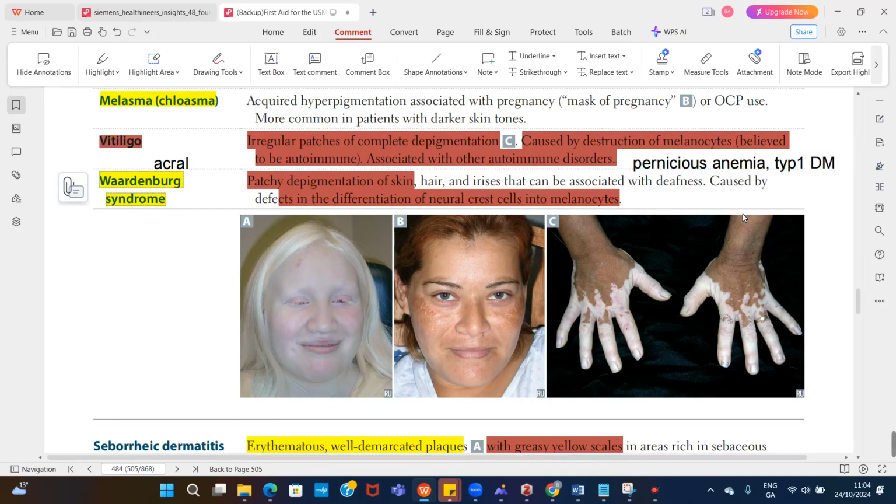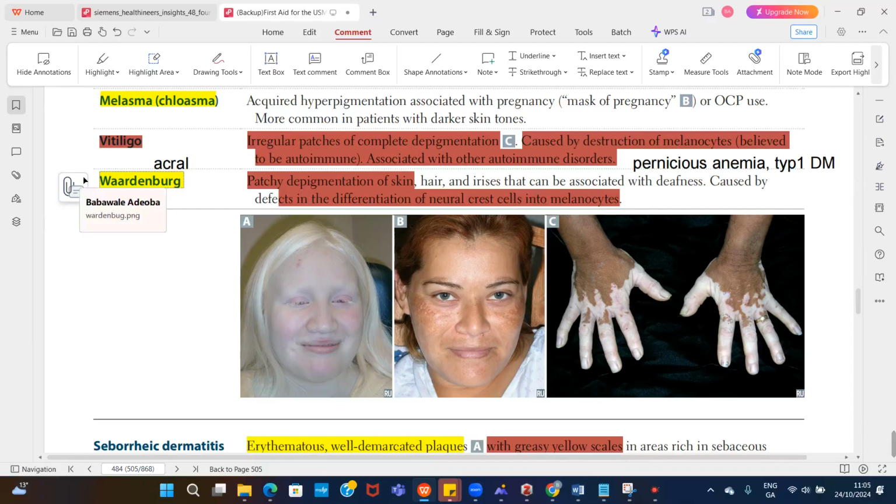So the problem here is that you have the failure of the neural crest cells to differentiate into melanocytes. So it's more like a congenital issue. Normally, the neural crest cells should differentiate into melanocytes, and those guys start producing melanin.